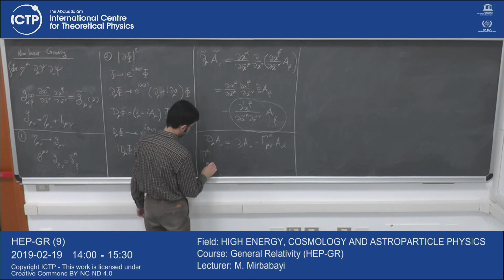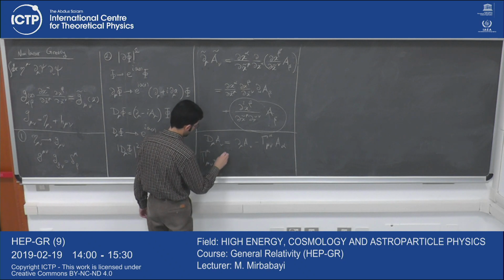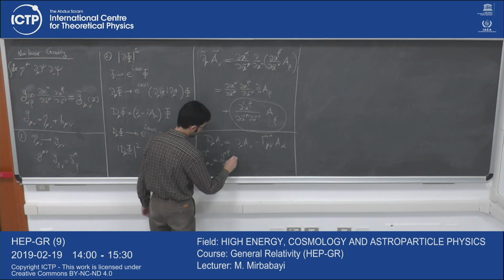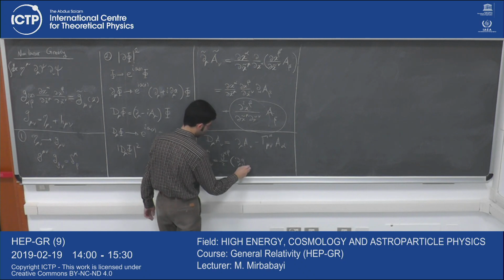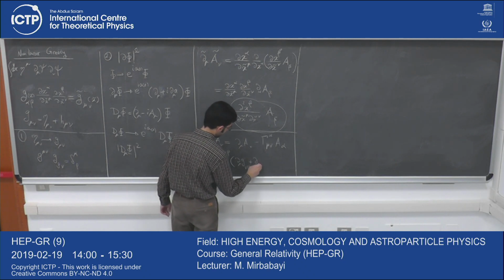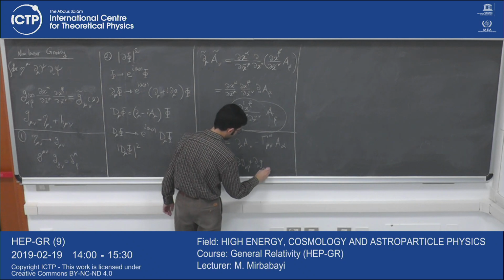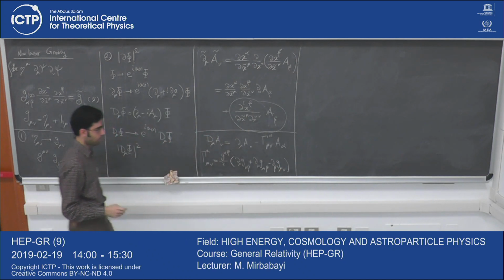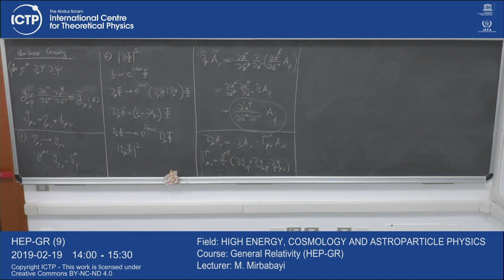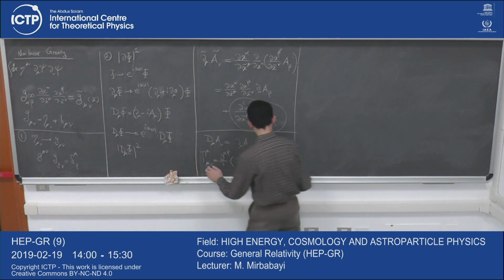So you have some expression: Gamma alpha mu nu is given by G alpha beta over 2 times d mu G nu beta plus d nu G mu beta minus d beta G mu nu.